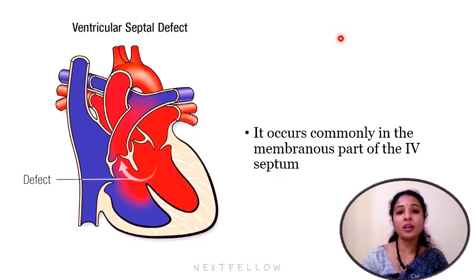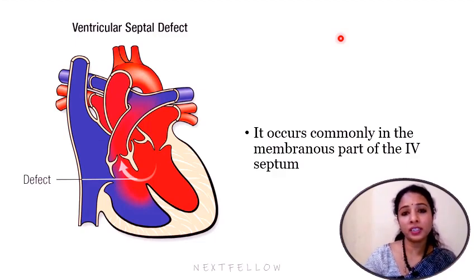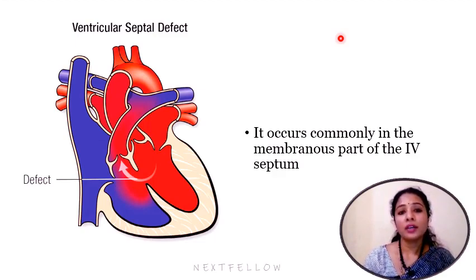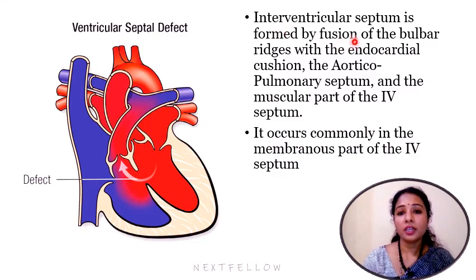This leads to ventricular septal defect, VSD, which increases the blood flow to the lungs and causes pulmonary hypertension and congestive heart failure. So it commonly occurs in the bulbar part of interventricular septum. Interventricular septum is formed by the fusion of bulbar ridges, endocardial cushion, aorticopulmonary septum and muscular part of interventricular septum. This point to be noted.